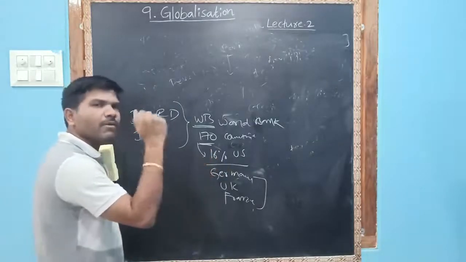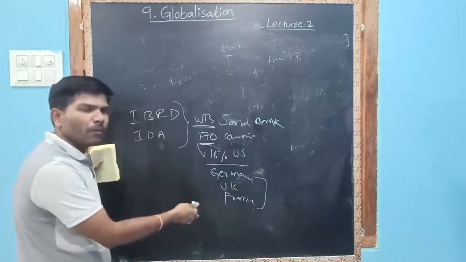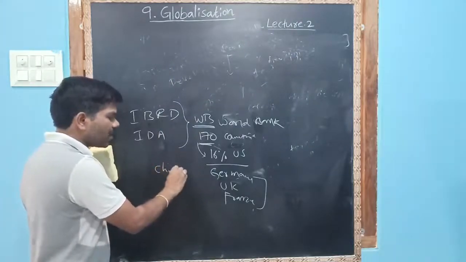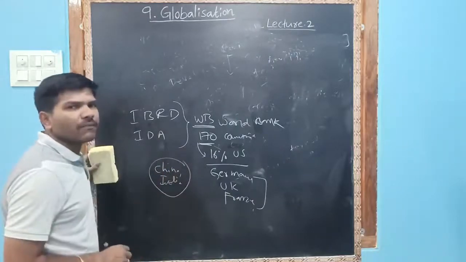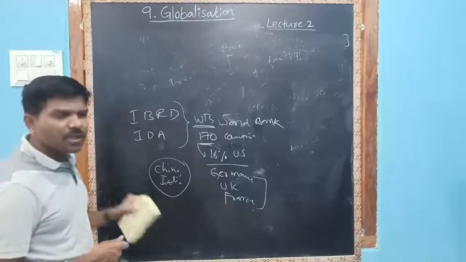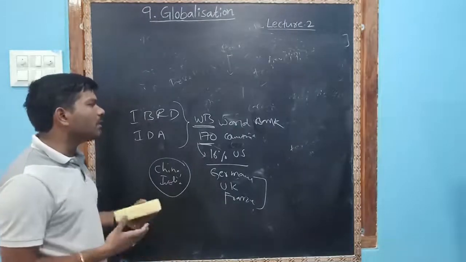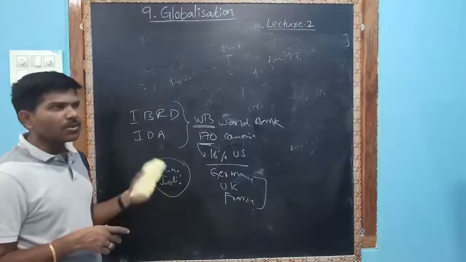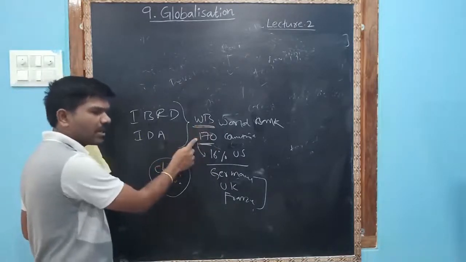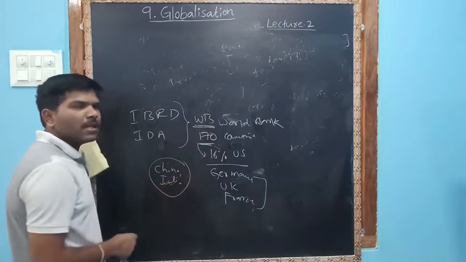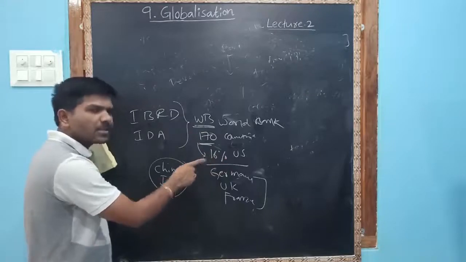Whatever the US wants to tell, with its veto power, all the countries will obey. Countries like China and India have a very low percentage of votes. Hence, they cannot manipulate or refuse anything told to the World Bank or IBRD. So this is IBRD and IDA, also called the World Bank. Most probably the World Bank is influenced by the US, because the US has 16% of the vote.